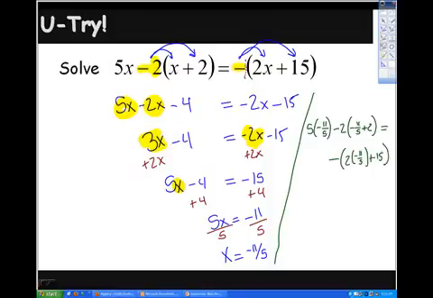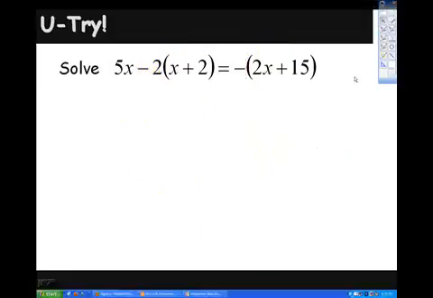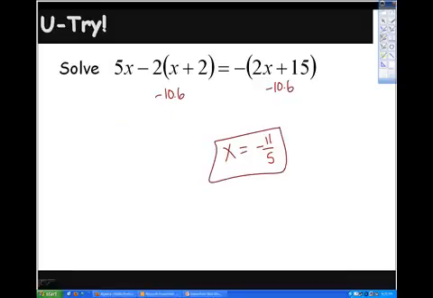I'm just going to plug this into a calculator and see what I get. Well, when I plugged that into a calculator, I got negative 10.6 on both sides. So I had a negative 10.6 here, I had a negative 10.6 there. Therefore, x really does equal negative 11 fifths. That answer checked, therefore it can't be wrong.